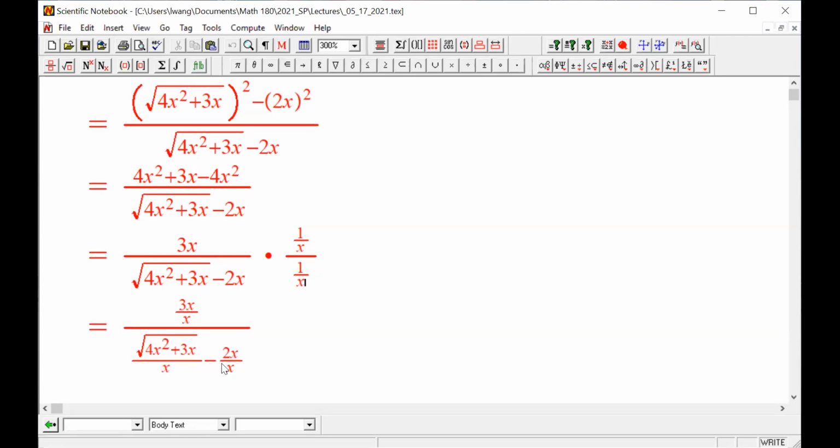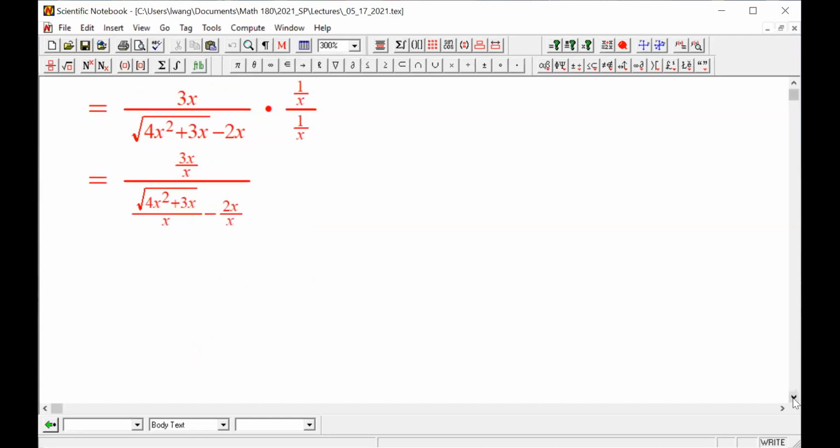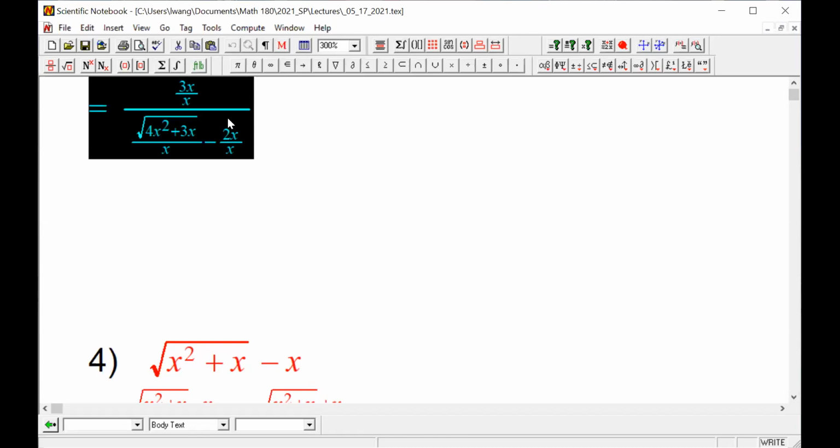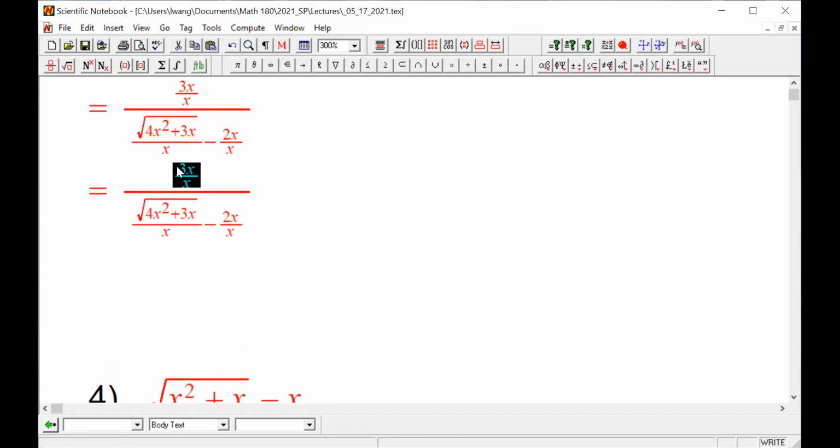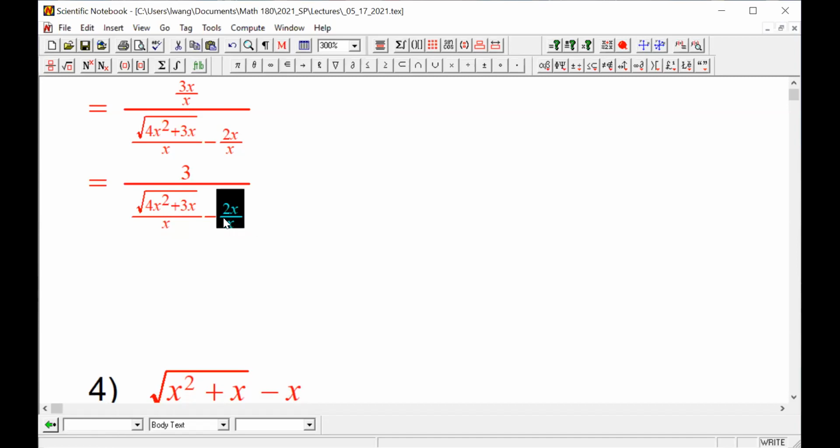Now, the top is easy, this is just 3. And this piece is easy, that's just 2. How about this piece?